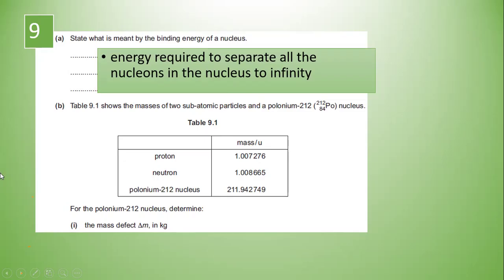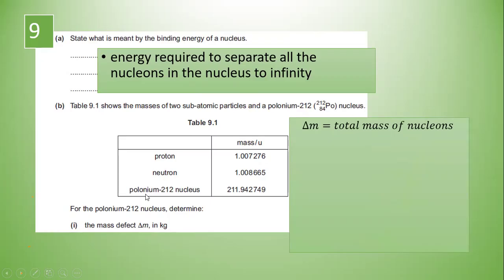Memorize. And table 9.1 shows the masses of two subatomic particles. Polonium is given. For polonium 212 nucleus, determine the mass defect. Total mass of nucleons minus mass of nucleus.